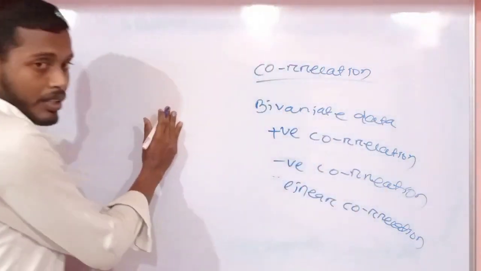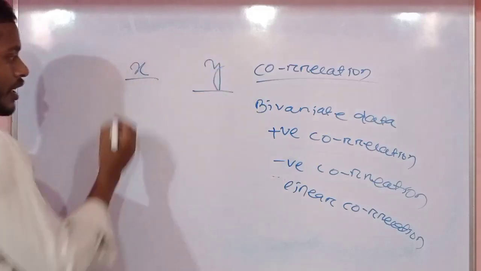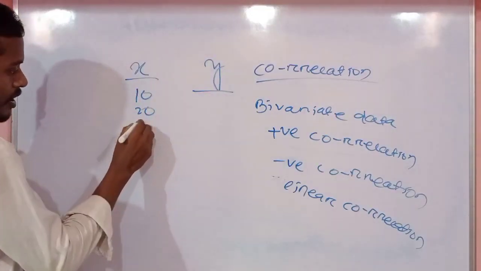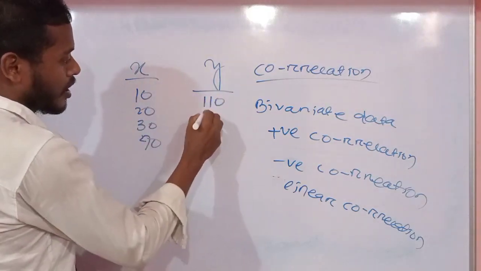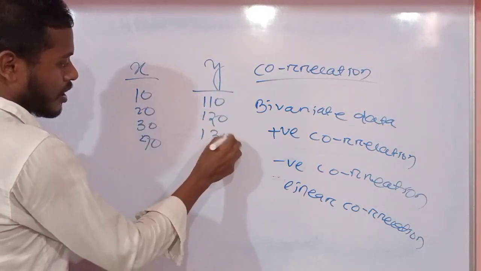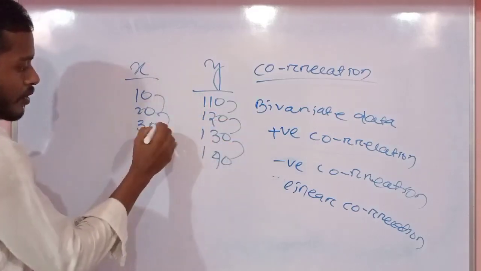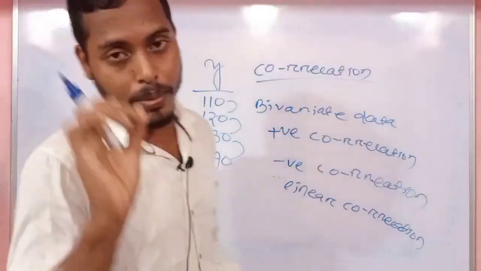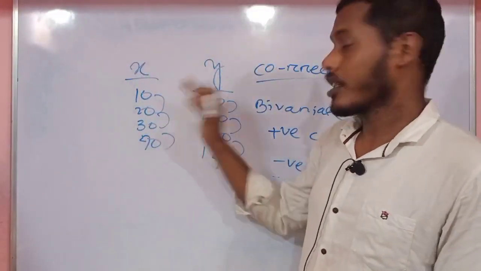For example, suppose one variable is x and the other variable is y. Suppose x is 10, 20, 30, 40 and y is 110, 120, 130, 140. There will be a 10-10 interval in both. The two variables are correlated to each other and there is a constant interval. This is an example of linear correlation.